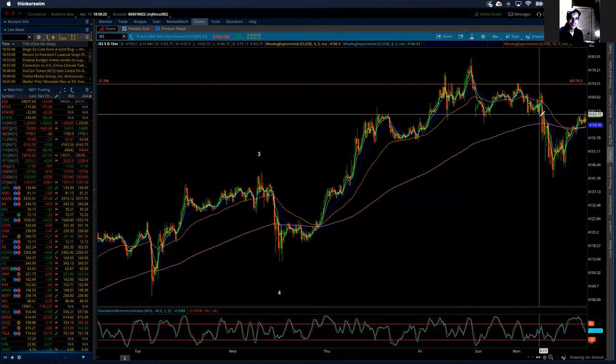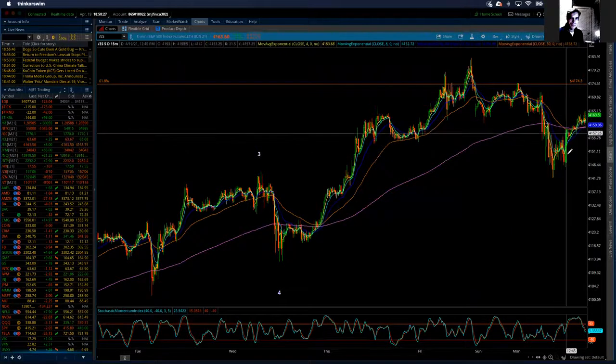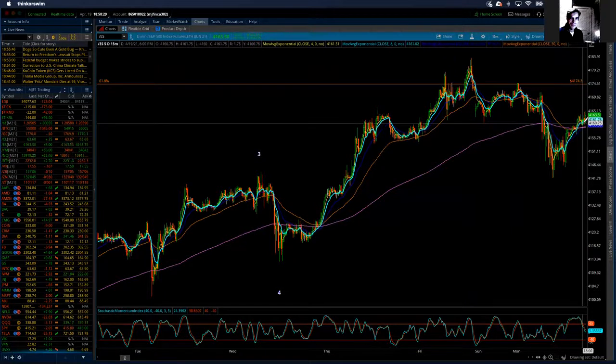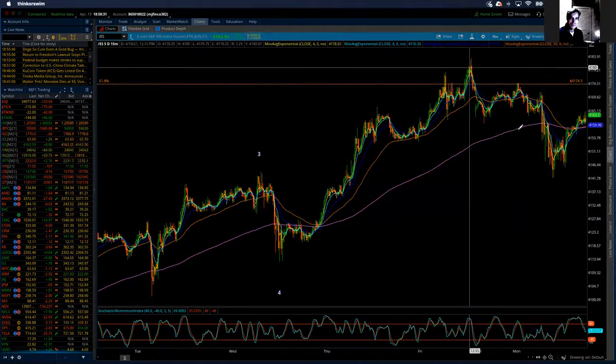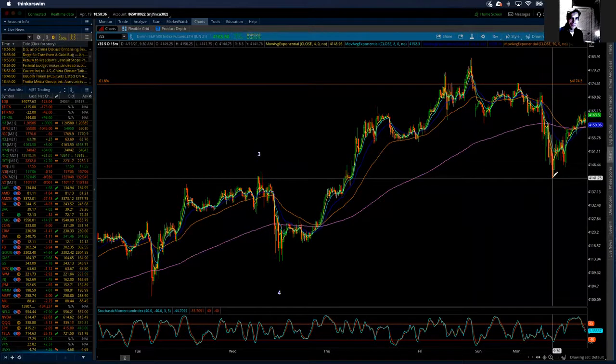And that's also important. And you'll be able to count these individual internals to get an idea of what's going on. So run Fibonacci's. You can run Fibonacci's from here to here. You can run Fibonacci's from here to here. And so you're working out your downside and your upsides all in one. So our next update will be tomorrow.